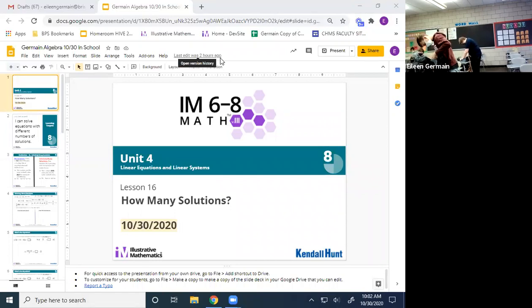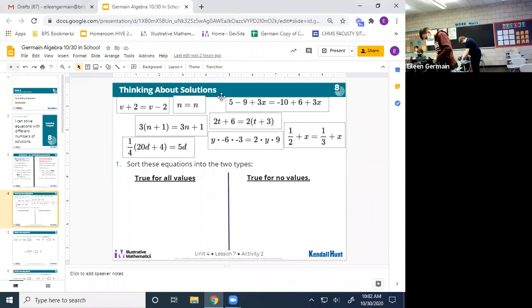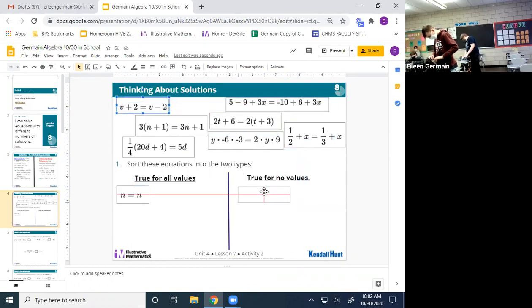Okay, and we're going to get started. We were looking at all, some, or no solutions. Yesterday, we actually got this all sorted out. We had n was equal to n. I'm just going to get this set up while we are working. V plus 2 equals V minus 2.